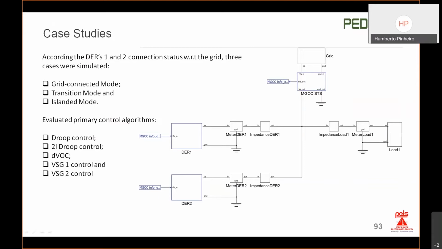Among the transitions, we just consider one transition, that is the unplanned island. This unplanned island happens when there is, for instance, a fault at the grid side, and then we have to disconnect the microgrid from the main grid.